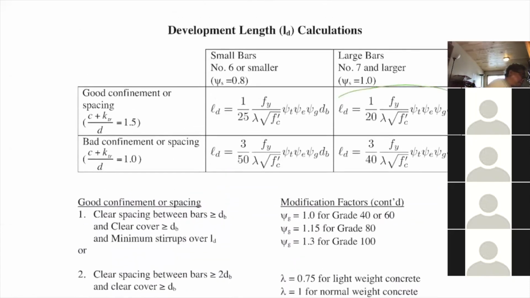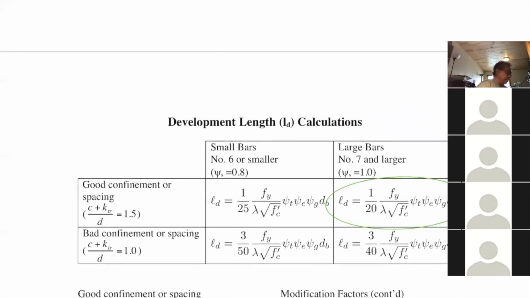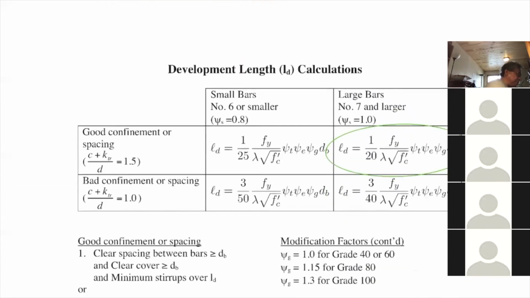This is the equation. And I've decided the old table had LD divided by DB. It was confusing people. I just put the DB on the right-hand side of the equation. So this is the development length right there. That's all we got to do. So let's calculate that. Oh, you know what? If I don't have any ink on here, I can copy it. I've learned that.